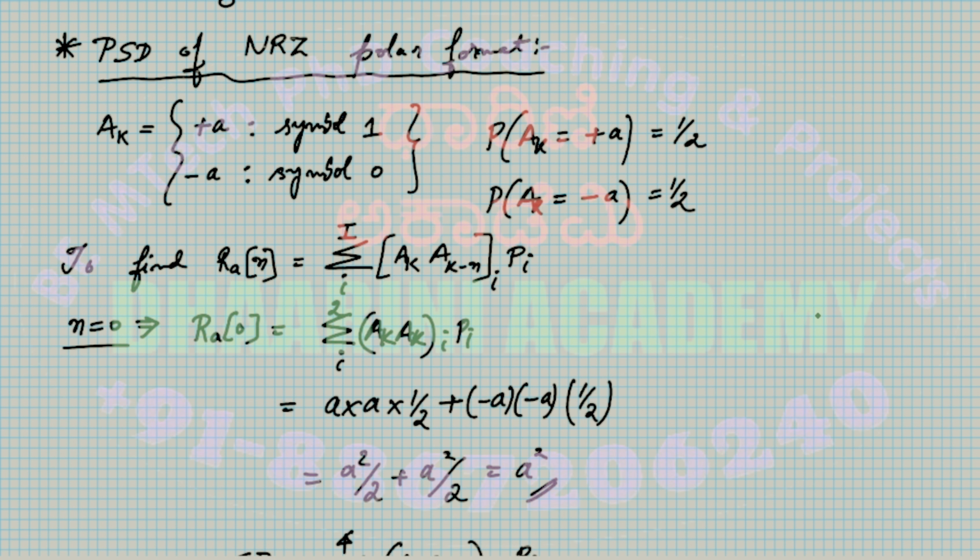So for this particular analysis, we are considering symbol 1 represented by plus A, symbol 0 represented by minus A. Also, our first intention is to calculate RA of n, the autocorrelation. So calculate the probabilities. Normally, you keep it equiprobable. That's why both are assumed to be half and half.